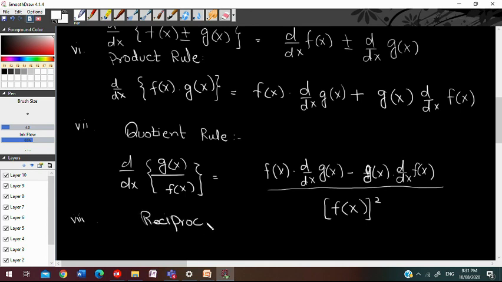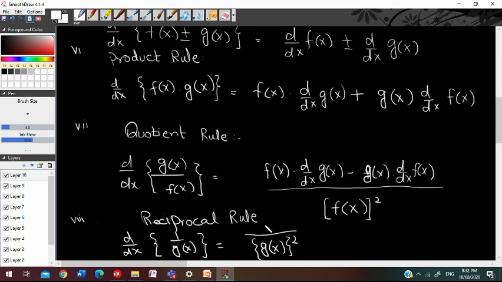Reciprocal rule, and this rule tells us that if we take the derivation of this type of function, then simply what you will do, you just write the power of square, and then here you have the derivative of your denominator's function minus this, where g of x not equals to 0.